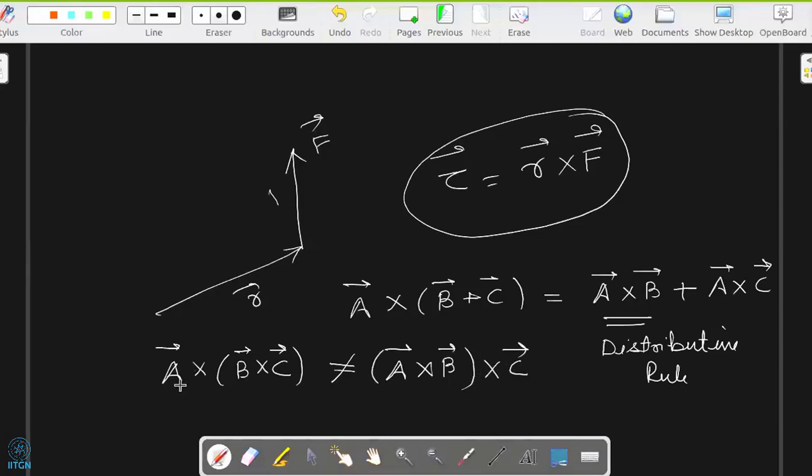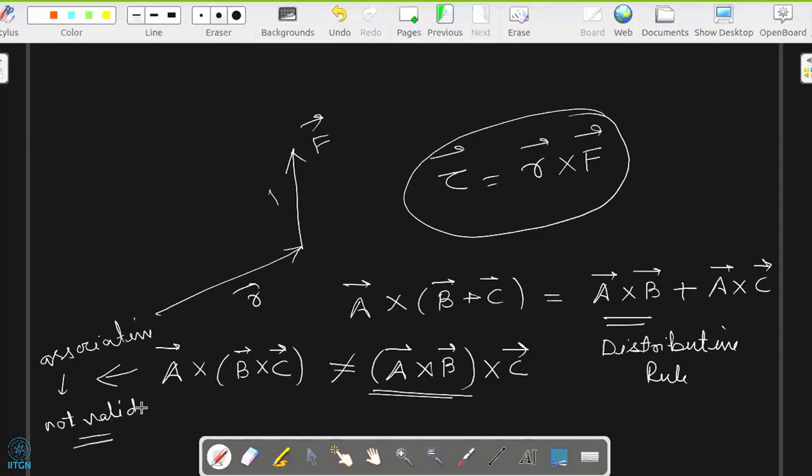If you see A cross (B cross C), where B cross C is in brackets, it cannot be equal to (A cross B) cross C. So we cannot do this. Here the associative property is not valid.